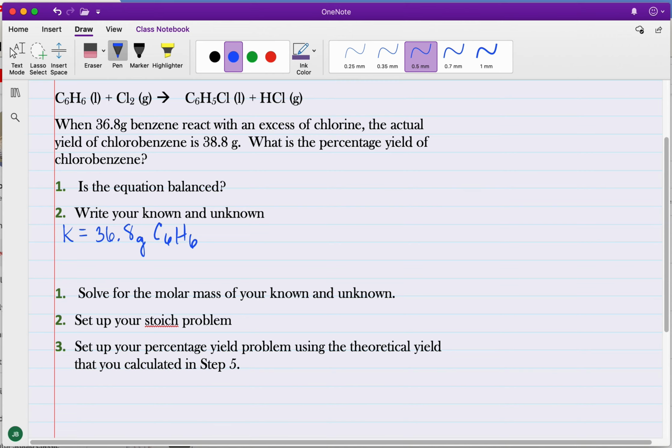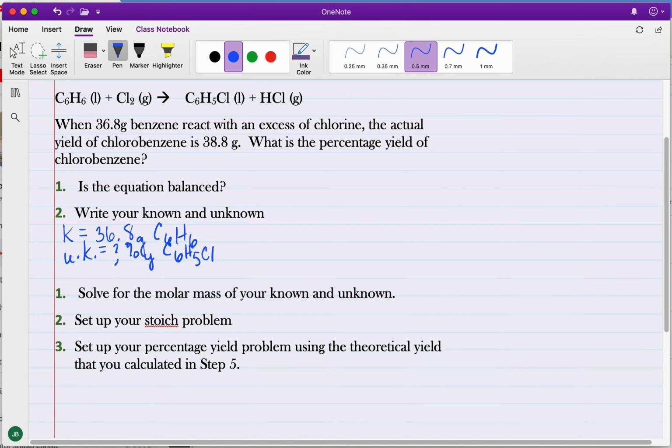And what are we solving for? We are trying to determine the percent yield of that chlorobenzene. Now, in order to do that, we're also going to have to determine the theoretical yield.